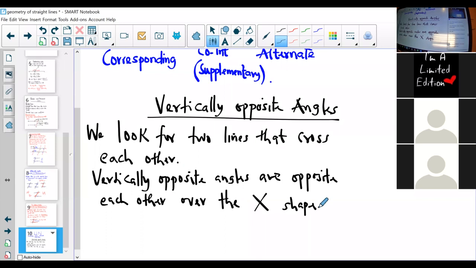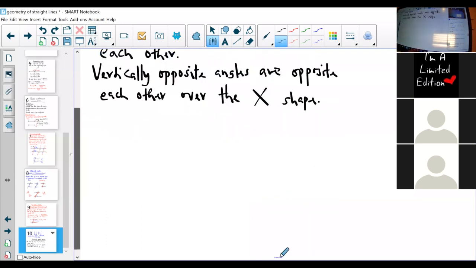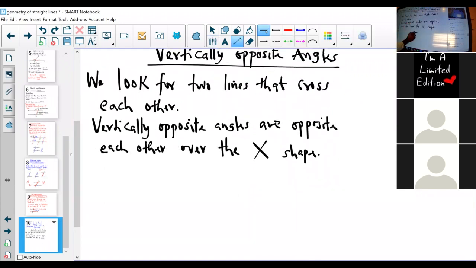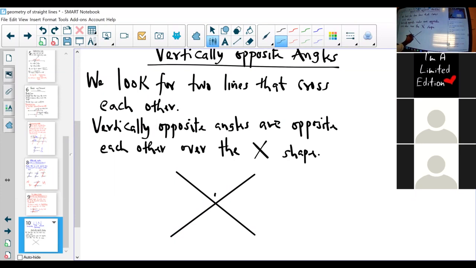So over here, we do not need anything parallel. We just need two lines that cross each other. This angle is equal to that angle, and this angle is equal to that angle. Vertically opposite angles.